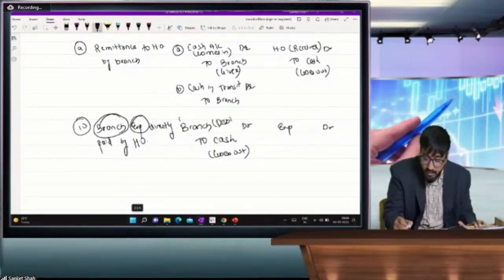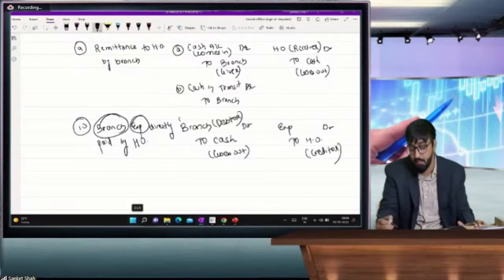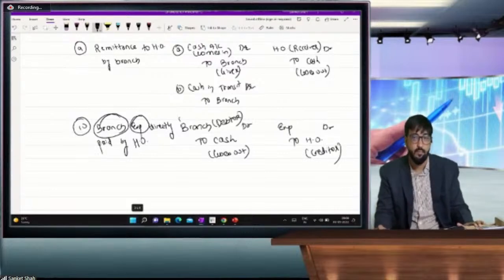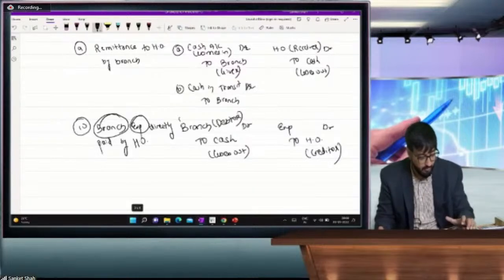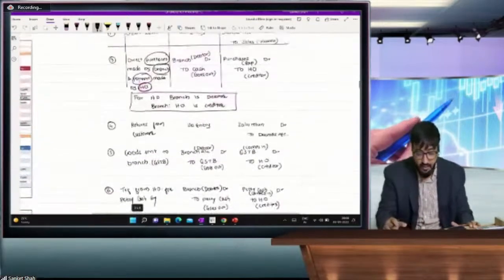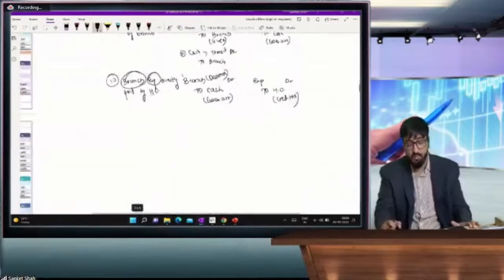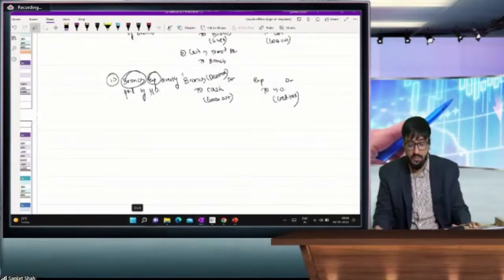So branch is a debtor for HO, and for expenses, HO is a creditor for branch. We already covered this entry in entry number 3. There it was only purchases, and now here it is expenses. So very simple. We have done all these entries.